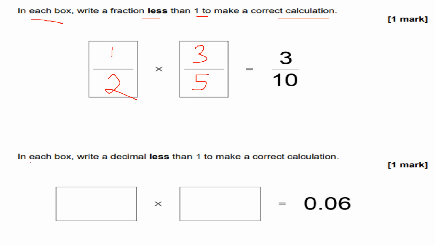For the next part, in each box, write a decimal less than 1 to make the calculation correct. So something times something equals 0.06.